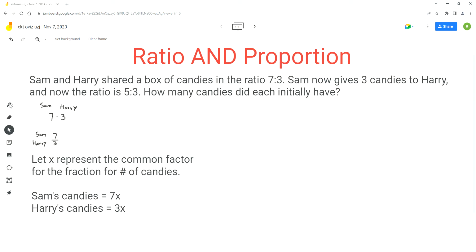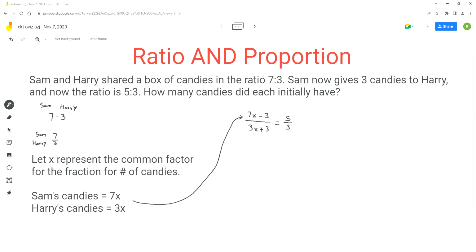Sam gives away 3, so the number of candies now Sam has is 7x minus 3 and Harry will now have 3x plus 3, and this fraction should be equal to 5 over 3. So this is our proportion equation that we have to solve to find the value of x, because we can use that value of x to find the number of candies initially owned by Sam and Harry.